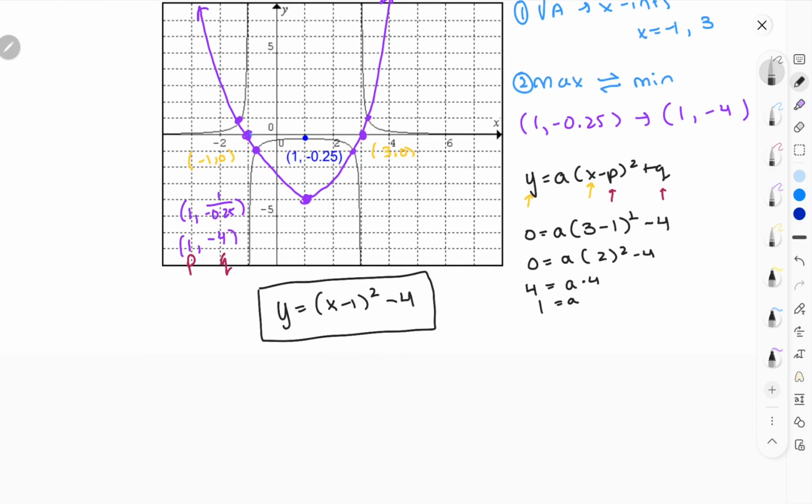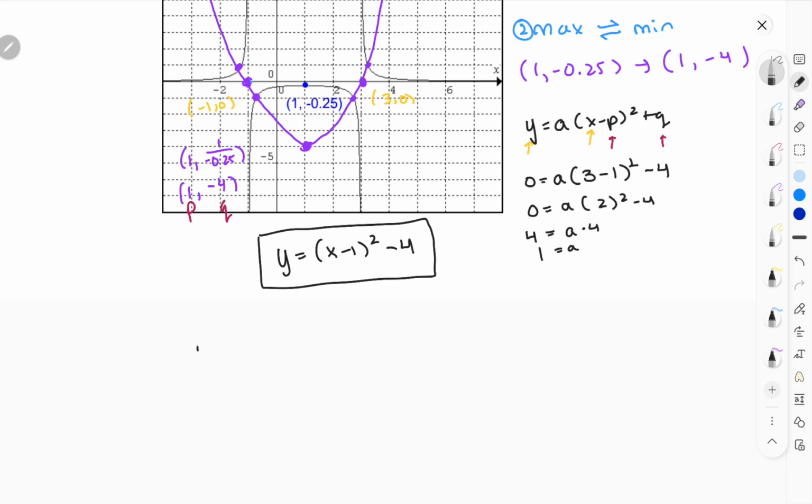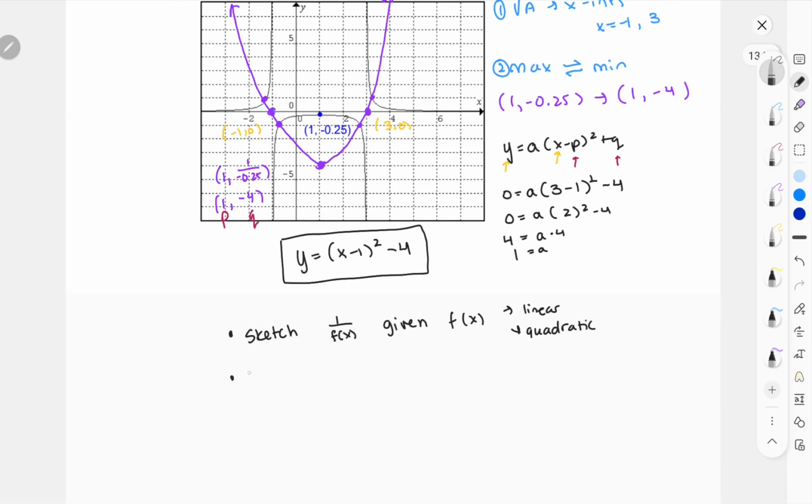So that's our whole reciprocal functions unit. Really the main ideas are making sure you can sketch 1 over f of x given f of x when it's a linear or a quadratic. Right? And you have a good idea of all of those new terminologies we've had.